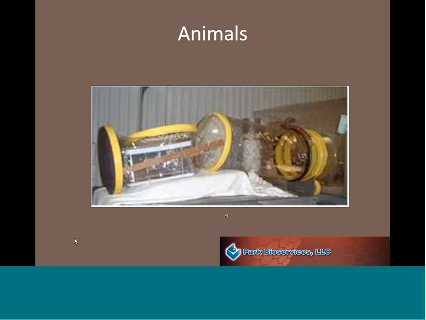Here we see a Taconic germ-free shipper, which I've been asked over time, what's the best way. It's something that's been around since I think the early 70s, if not the late 60s. It hasn't really evolved very much, but it's an excellent design.